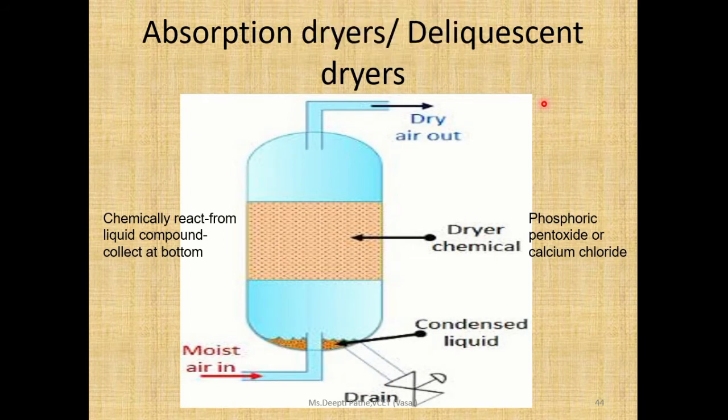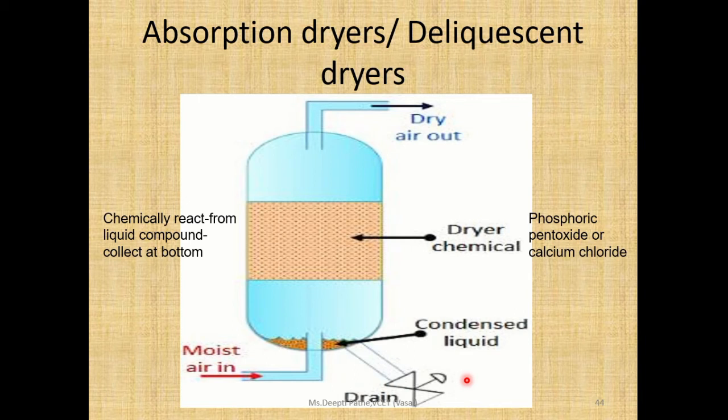This is another type of dryer, which is also called a dry dryer. In this particular type, let's see the construction first. The moist air is inlet, and dry chemicals are kept over there. Phosphoric pentoxide and calcium chloride have been placed, and the dry air is taken out. A drain plug is there. You will find the construction is similar to your filter.